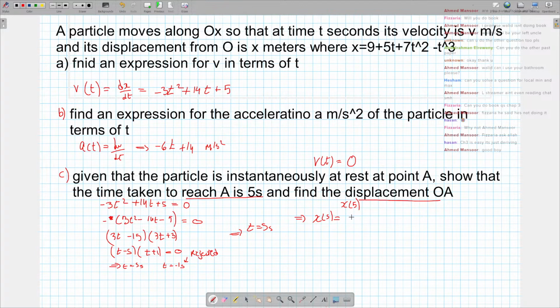Substitute 5: 9 plus 5 times 5 plus 7 times 5 squared minus 5 cubed. So it's 9 plus 25 plus 175 minus 125. You get 50, 75, 70 plus 9, 79 plus 5, 84 meters.